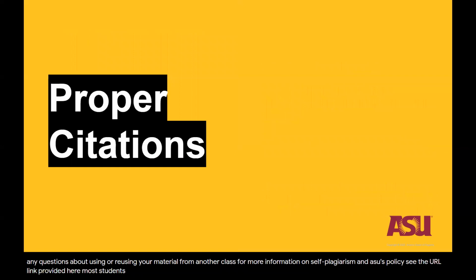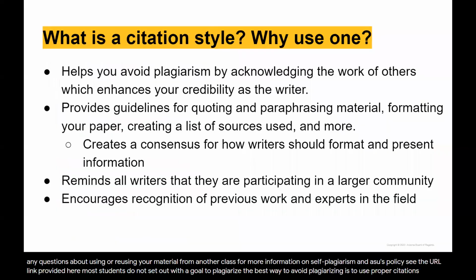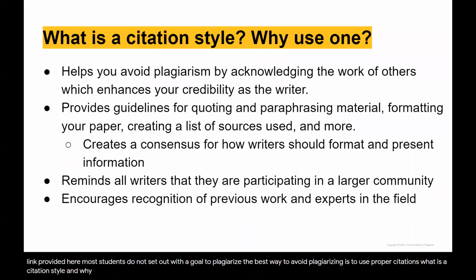Most students do not set out with a goal to plagiarize. The best way to avoid plagiarizing is to use proper citations. What is a citation style and why should you use one? Citation styles help you avoid plagiarism by acknowledging the work of others, which also enhances your credibility as a writer.